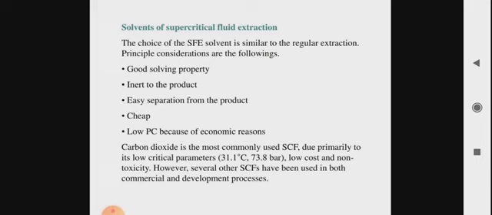Low cost and non-toxicity are additionally the most important things about carbon dioxide. That's why carbon dioxide is commonly used for extraction and for other purposes such as purification, minimizing environmental pollution, and water treatment. In many areas, supercritical fluid extraction or chromatographic separation methods are used.